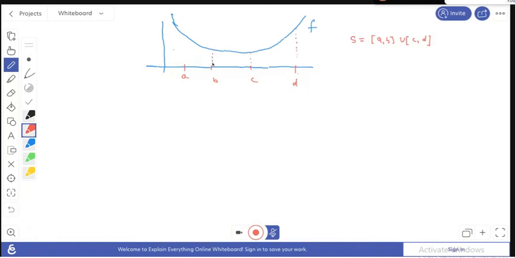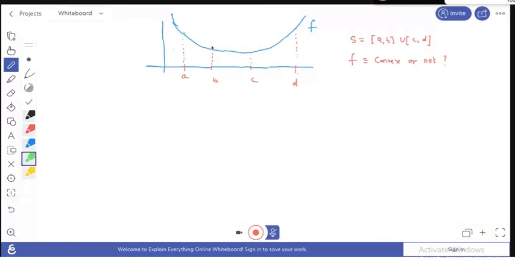Okay. So if you take these points A and B, okay, you have to say whether this f is convex or not. So you have to prove, or you can say, whether this function is convex or not.